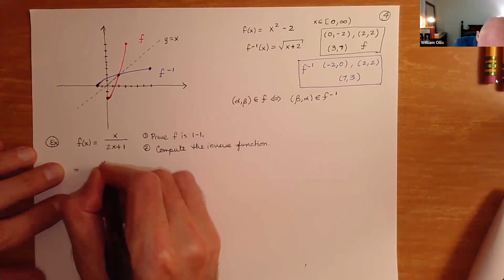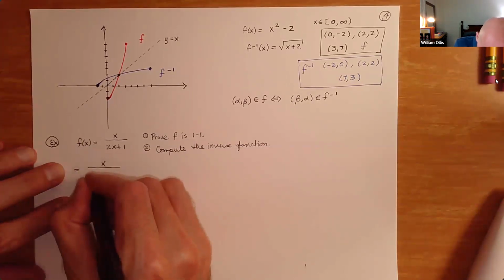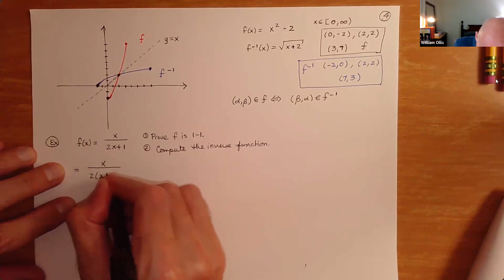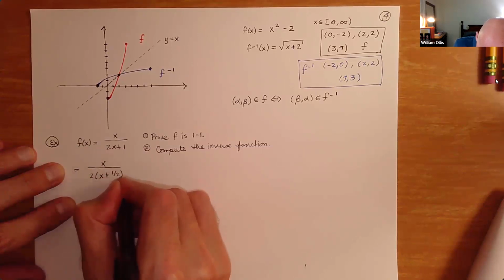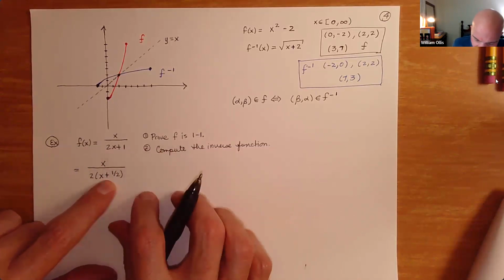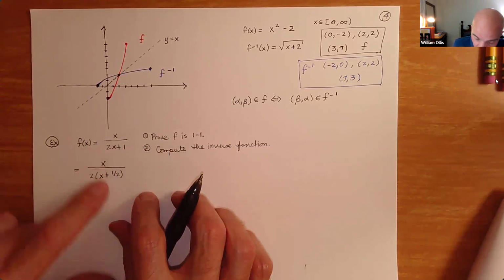So we have x over 2 times x plus 1/2. So when we look at this, we can see that there is a 0 in the denominator. That's not a 0 upstairs. That is -1/2.